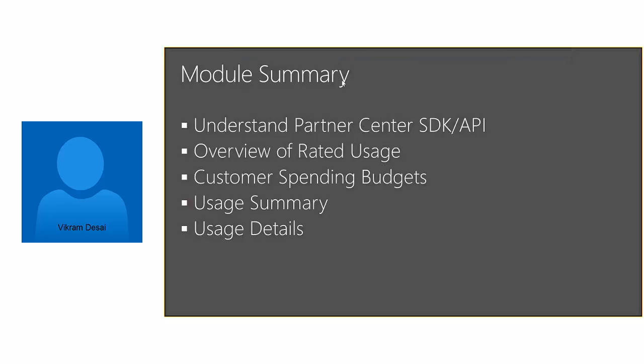Let me clarify that. If I make an Azure usage API call, I'm able to say return data from this start time to that end time, right? But for the Partner Center SDK or Partner Center API, I don't do that.